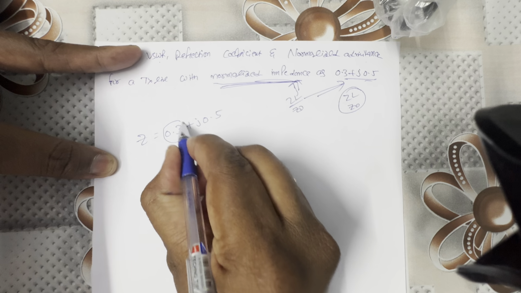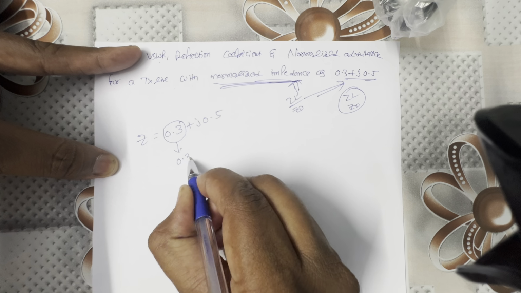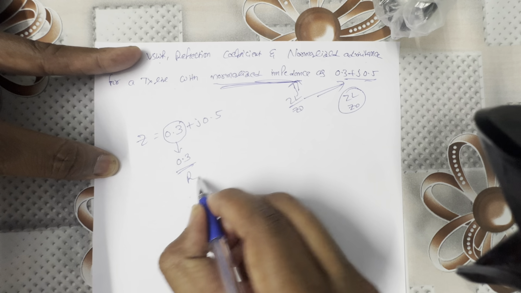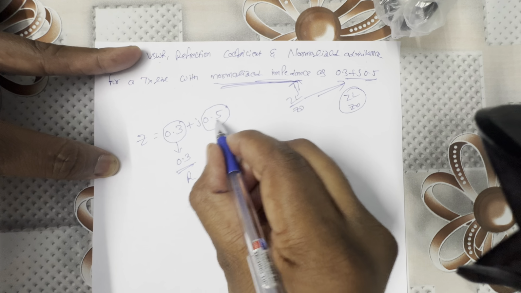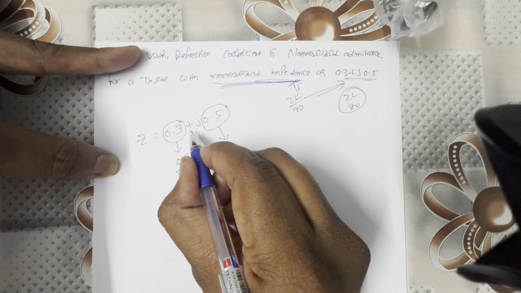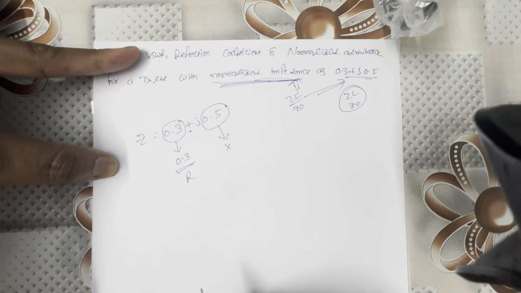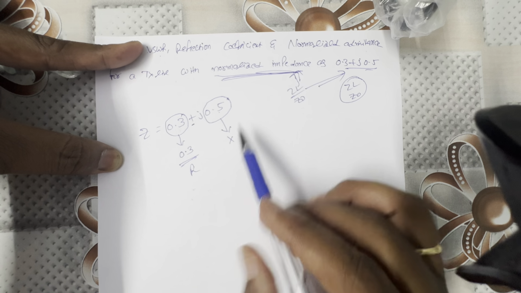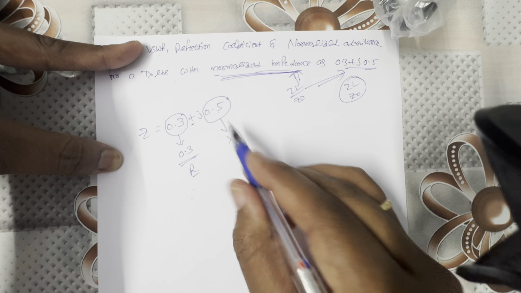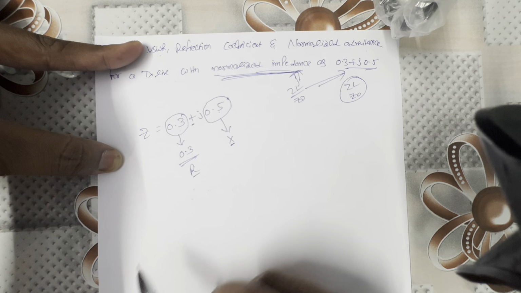Here R value is 0.3 and X value is 0.5. That is a positive X value, above the level. Now I'll identify 0.3 and 0.5: 0.3 on real, 0.5 on imaginary.